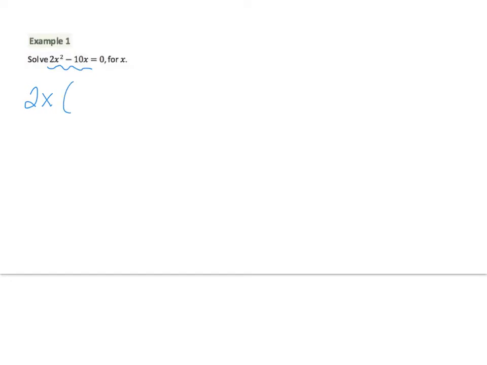If I take out a 2x, if I look at this first term, I have an x left over. If I look at the second term, I have a 5 left over. And I can always check my work by saying, if I distribute that back, do I get my original equation? And I do. 2x times x is 2x squared, and 2x times negative 5 is negative 10x.